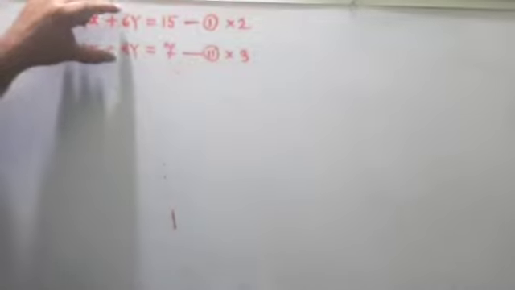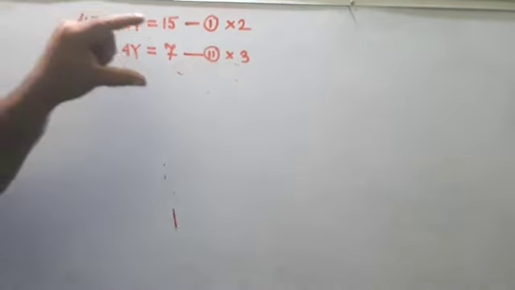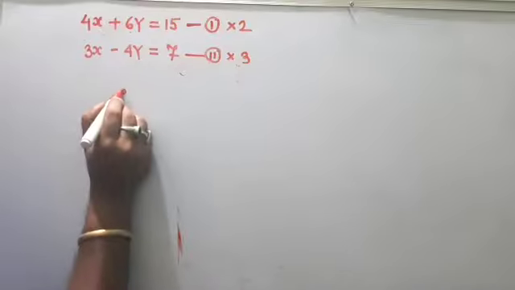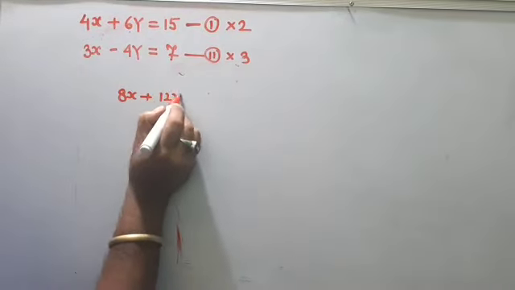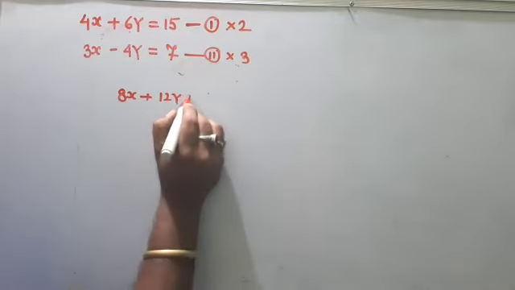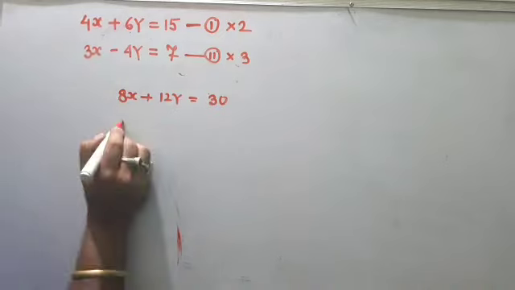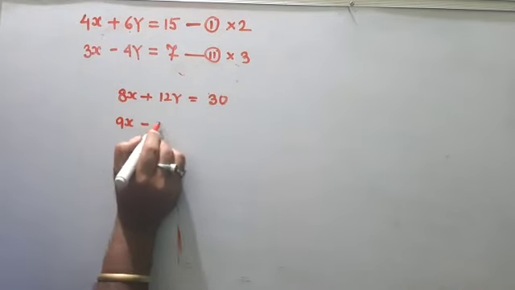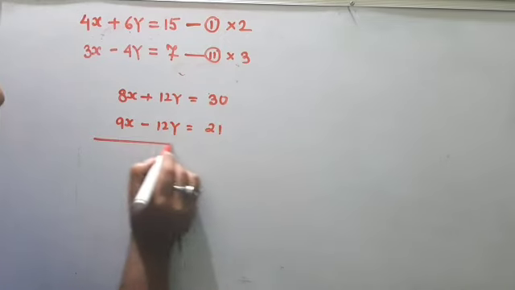So we are just equating the coefficient of y in both equations. So 2 into 4 gives 8x plus 12y is equal to 30, and the other equation is 9x minus 12y is equal to 21.